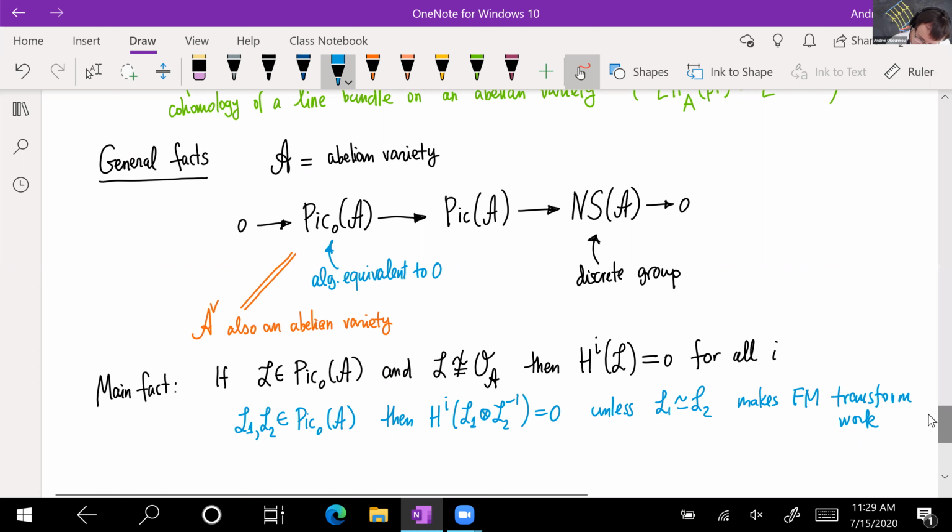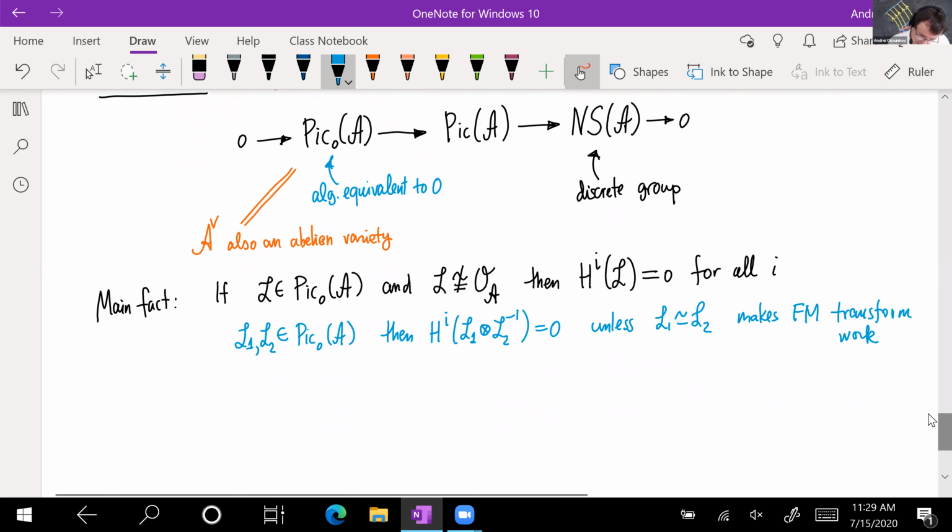So then we need to know how to describe the degree of a line bundle. This is where degree takes place. So we need some language to talk about the degree of a line bundle.